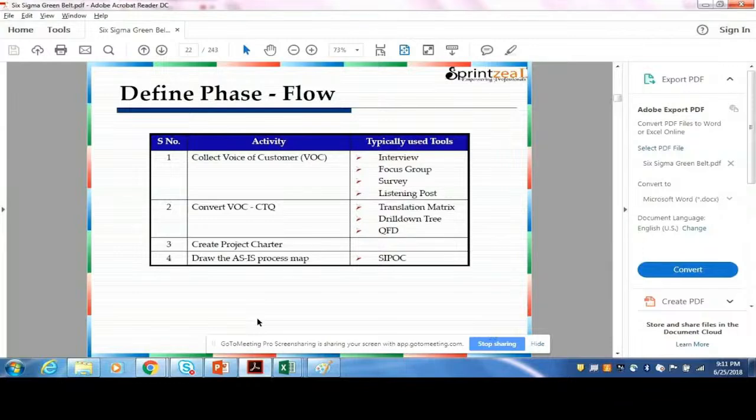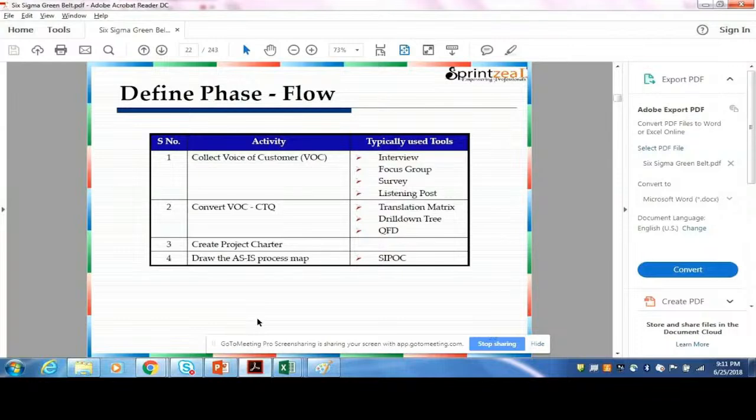And then at the end, we will draw the as-is map of the process. At this stage, we will map out a very high-level process, which is called SIPOC. It's a tool or a concept which is used to look at the process at a very high level. SIPOC or COPIS is something that we use during the define phase of the project.